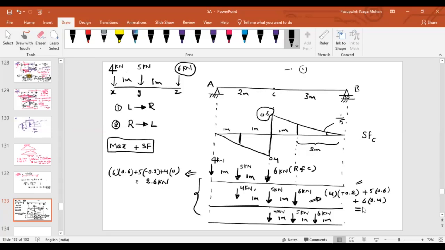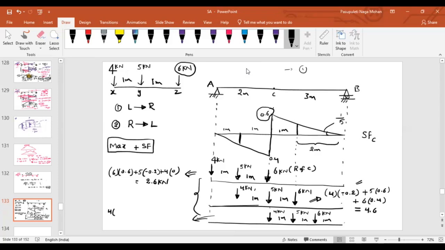Minus 0.8 plus 3, 2.2, 2.2 and, come on, final value please. 4.6. 4.6.